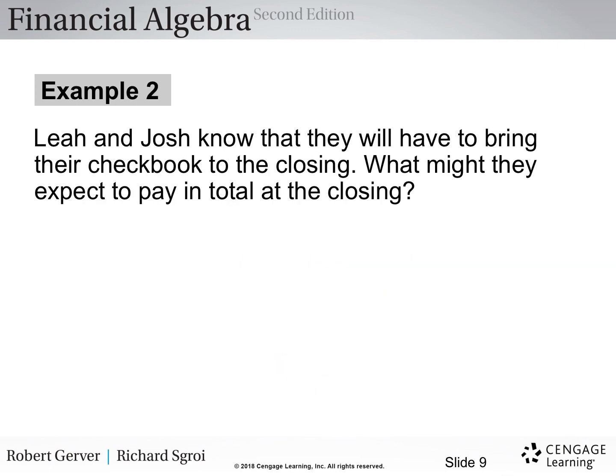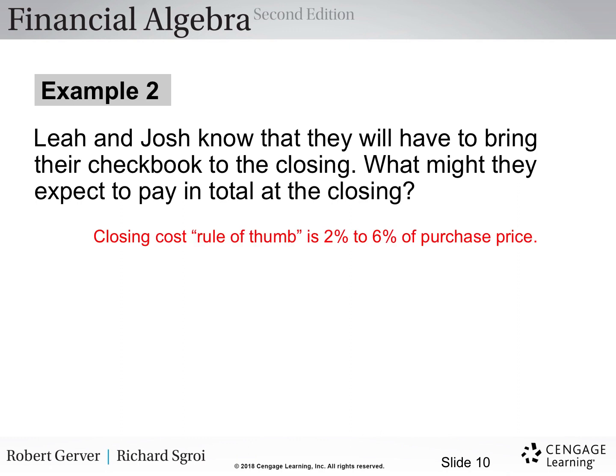Okay, let's look at example 2. Leah and Josh know that they will have to bring their checkbook to the closing. What might they expect to pay in total at the closing? Well, there's a lot of factors that go into what they need to pay at closing, but the rule of thumb is that anywhere from 2 to 6% of the purchase price will be what they will require at closing.